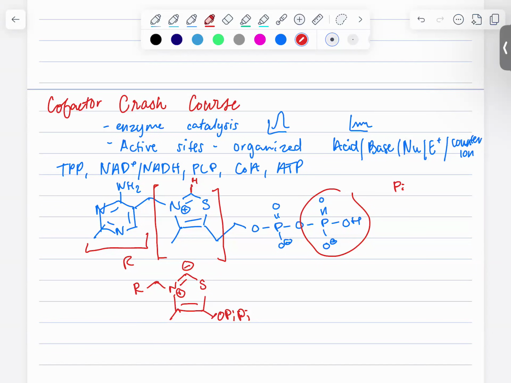Does anyone see why? Our resonance forms can only go as far as our pi electrons can go. And we have this carbon here that has no pi electrons that can allow resonance structures to move past it. And we have the same with this carbon. So all of our resonance structures can be compacted to just what is around this heterocycle.